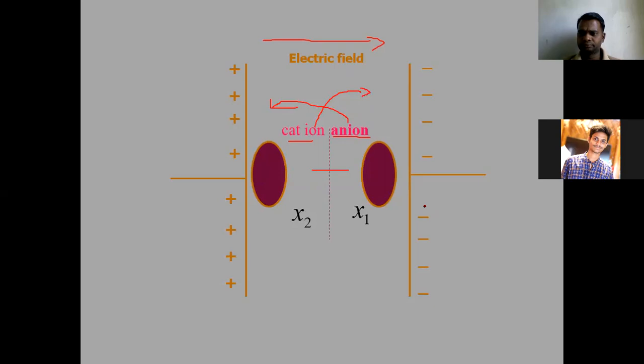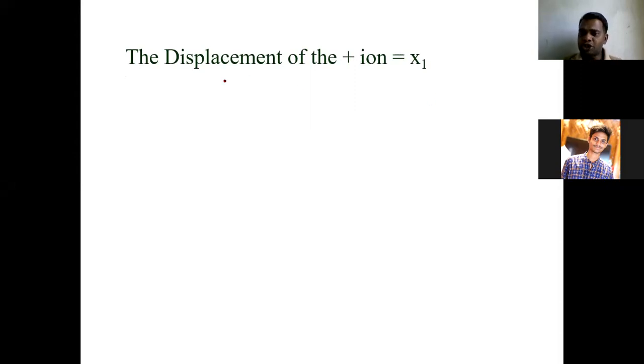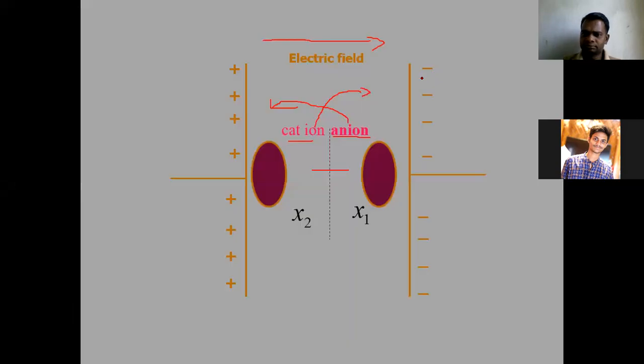Okay, see. What is the displacement of the positive ion? X1. The positive ion moves from the initial position to this place.